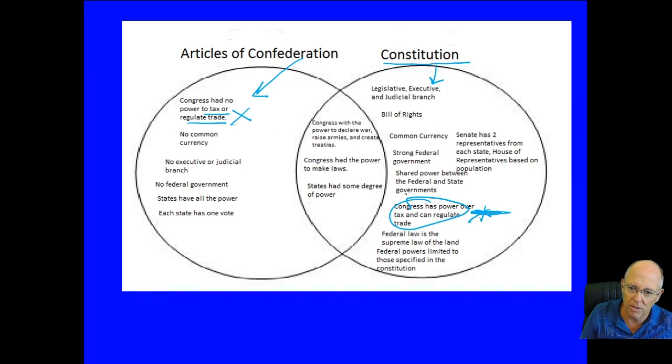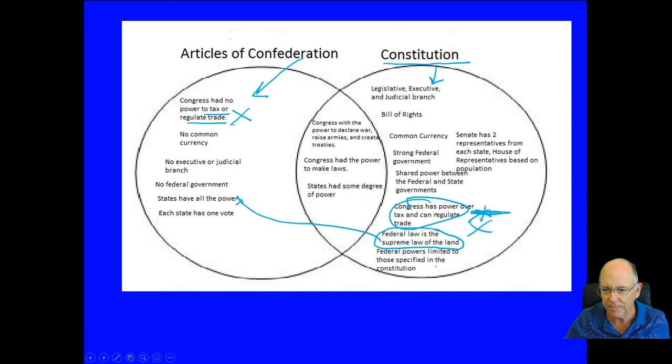No power and more power. States had all the power, and then the states are limited. Federal law is supreme. Pay attention to that. That's connecting there. Okay, that's it. It's really important that you can tell the contrast between the two.